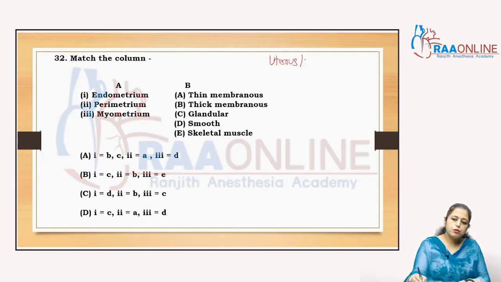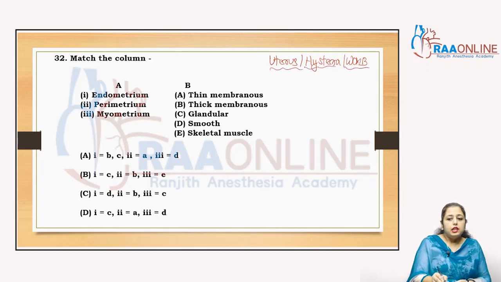The medical terminology for the uterus is hystera, or womb, the female reproductive structure. Outermost is the perimetrium, myometrium is the middle and thickest layer, and the endometrium is the thinner, innermost layer. Now what will happen?